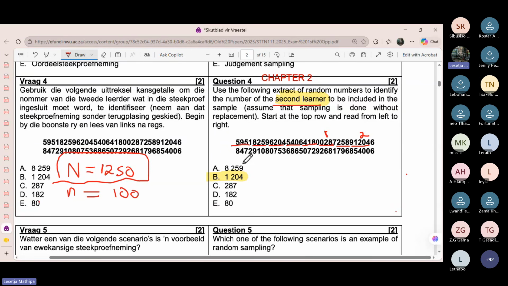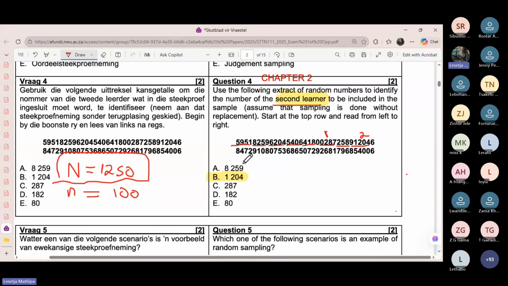The second one, 8259, is more than. 6204, more than. 5406, more than. 4180, also more than. Now you have 0287, which is 287, less than 1,250. So that will be the first lane.